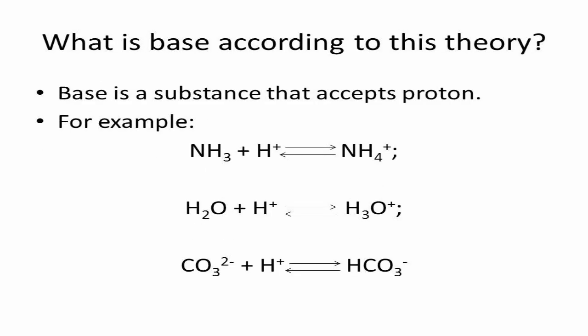According to this theory, a base is a substance that accepts a proton. For example, a base can be ammonia, or water, that accepting a proton forms a hydroxonium ion. Carbonate ion also can be a base.